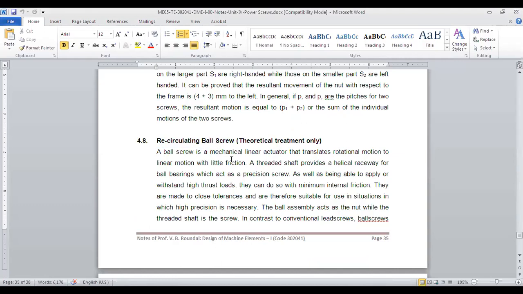It is a screw where we want very small friction and precision movement, like in a CNC. That is when we use a recirculating screw. The problem is that they are costly, but they have more strength, precision movement and less friction. They are advantageous in many ways, but the disadvantage is their cost.